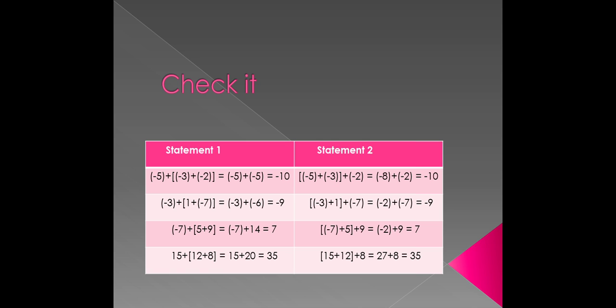See students, in the first statement -5 + (-3 + -2), and in the second statement (-5 + -3) + -2. So in both the statements we got the same result. Similarly, in the other cases also we get the same result.